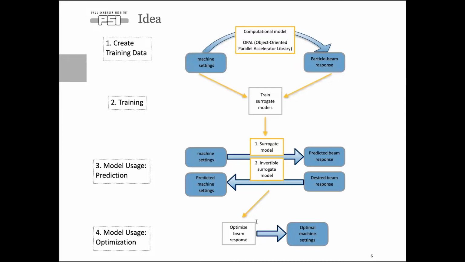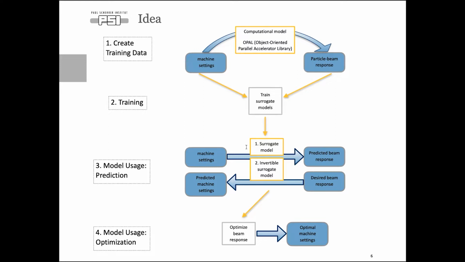So the concept or the idea we are following is this one. First, we need to create some training data. For that, we use the OPAL library, where we plug in some machine settings and get the particle beam response. And then we use both the data to train our surrogate models. Then we will use those models on the one hand for prediction.